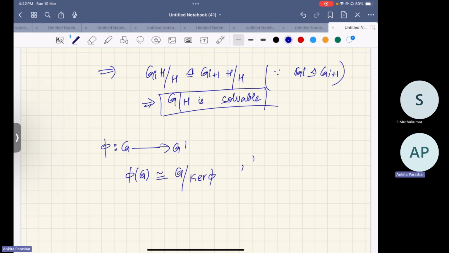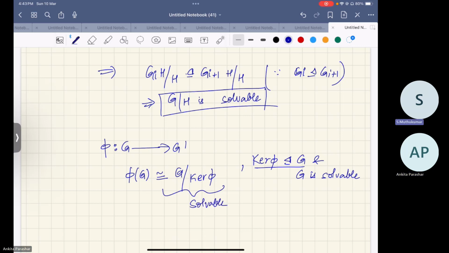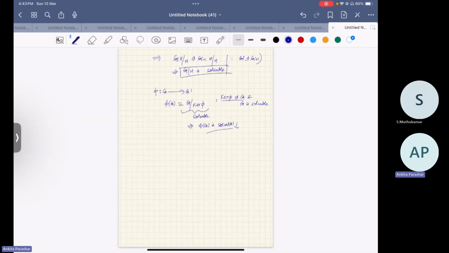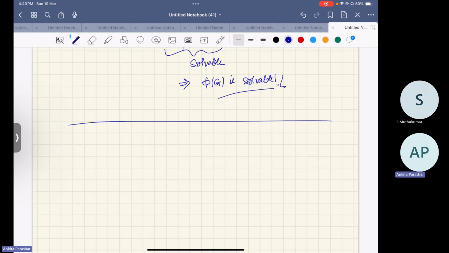And the kernel of phi is a normal subgroup, right? And G is solvable. So the quotient is solvable. Therefore, phi(G) is solvable. All right, so this is how the homomorphic image of a solvable group is solvable, and now I think you can prove the later thing.